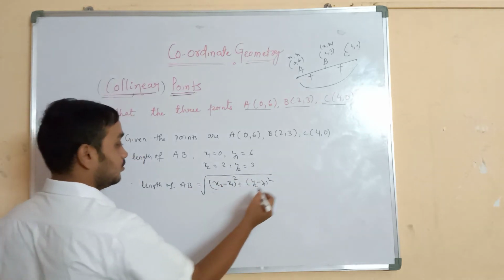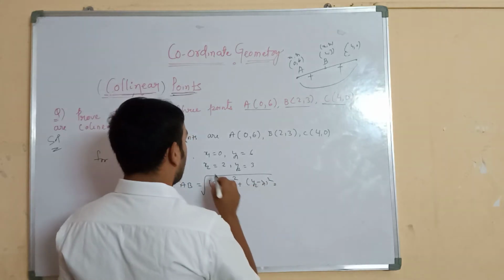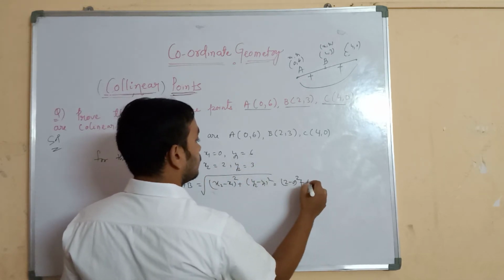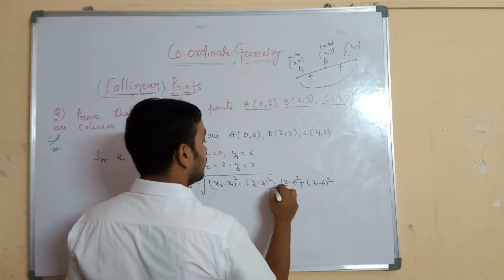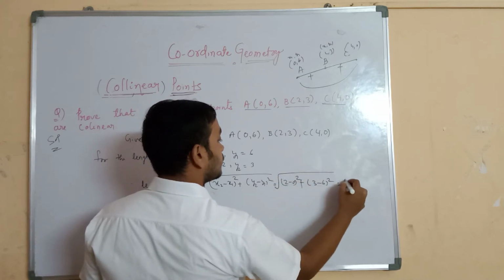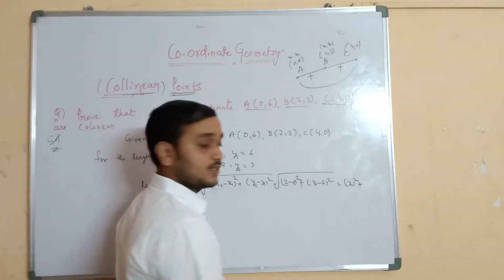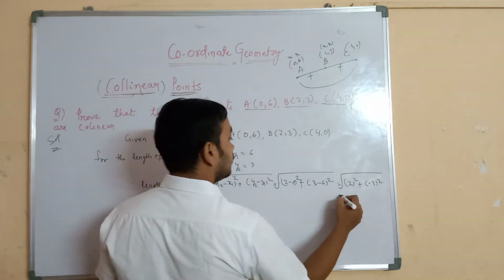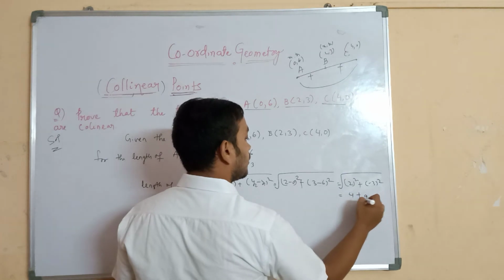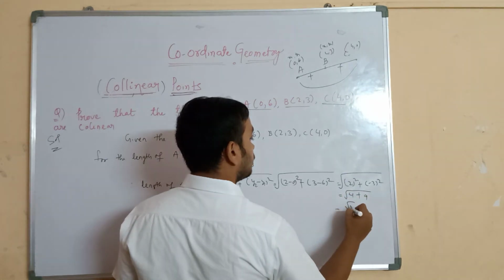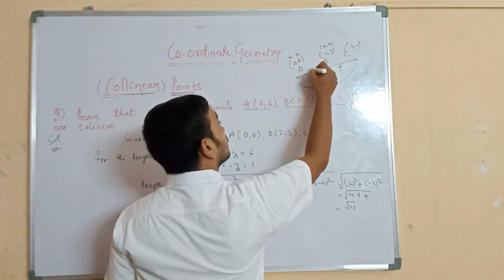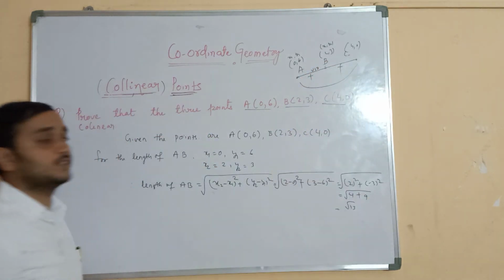That is 2 minus 0 whole square plus 3 minus 6 whole square, that is 2 square plus minus 3 whole square, 4 plus 9, root 13. This is root 13.